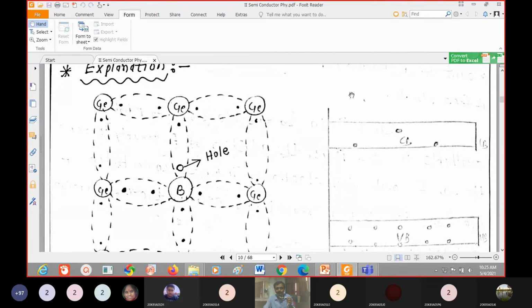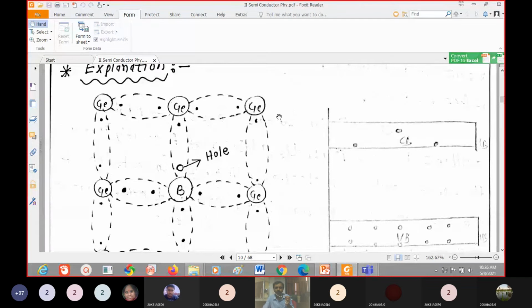Similarly, another nearby germanium atom will be there, and that germanium atom now steals an electron from the surrounding germanium atom. Like that, holes will move from one place to another, because the electron jumps from here to here.